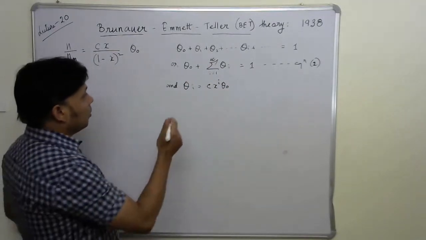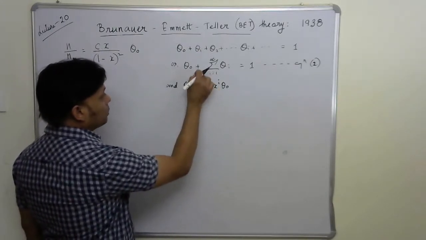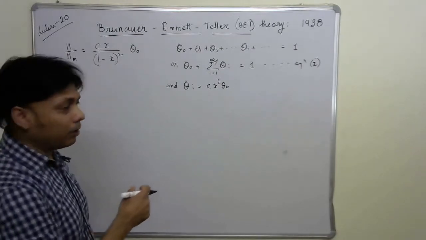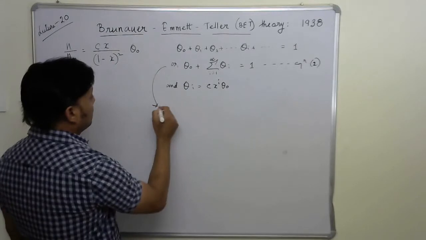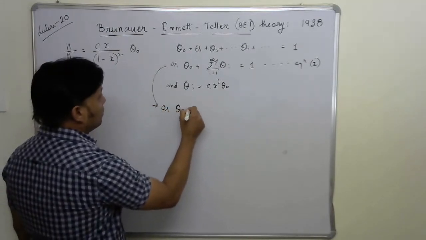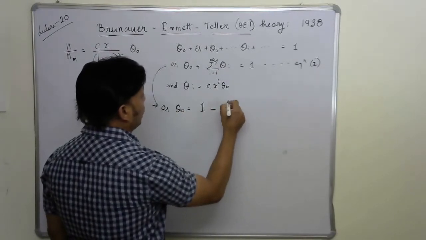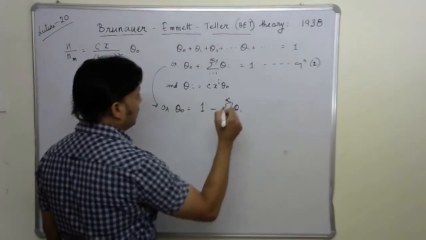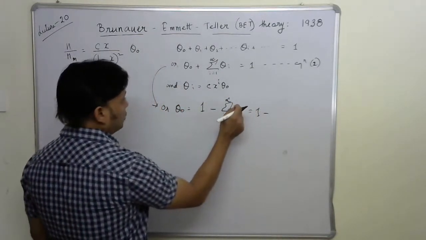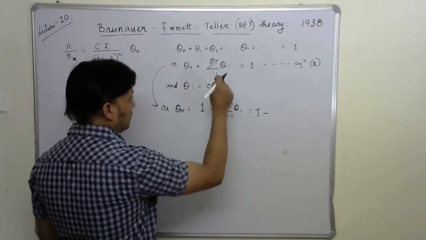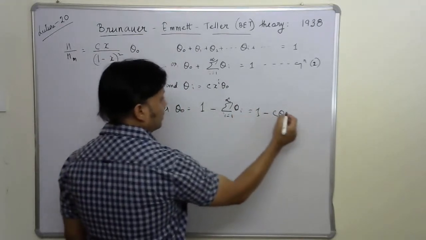Of course, here we have a relationship between theta I and theta 0, so from this equation probably we can solve for theta 0 by replacing theta I with this. So theta 0 is equal to 1 minus the summation from I equal to 1 to infinity of theta I. Once again we can write 1 minus, and instead of theta I we can write C x to the power I, because we can take C times theta 0 out of the summation sign.